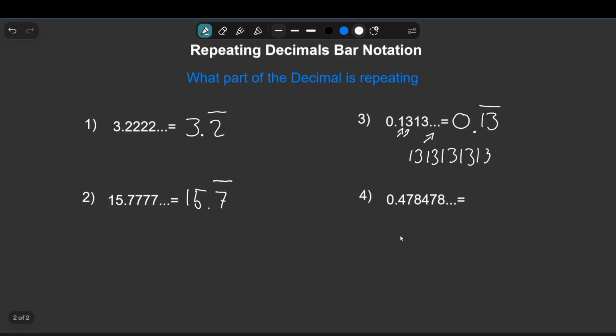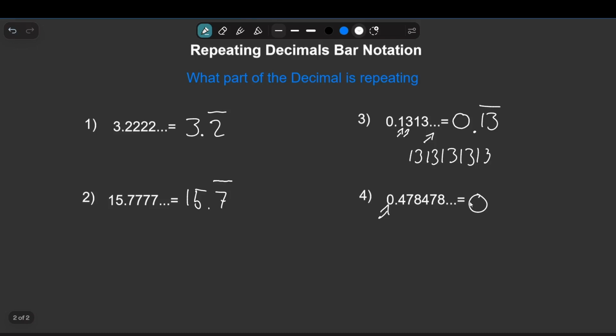This one is a bit more complicated, but exactly the same thing. So again, the first step we're going to take is look if we have a whole number. For this one, we don't have a whole number. So we just write down the 0 because you always have to write down the 0.